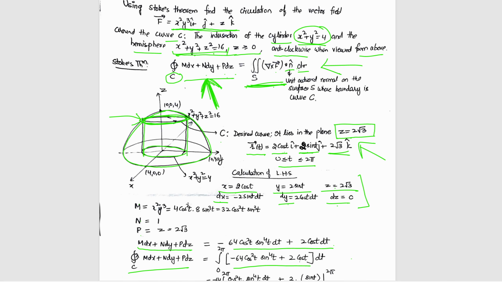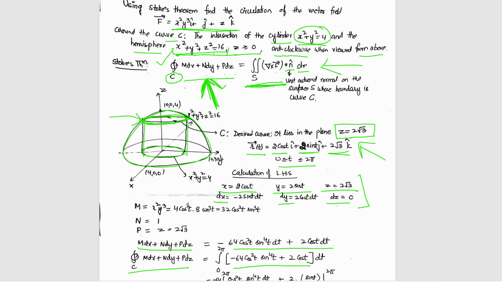This line integral. So this shows us that the circulation of the vector field around the curve C is the same using both the formulas. That means Stokes theorem is correct, and it also gives us two ways to find the circulation of a vector field around the curve C. So if you are asked to find just the circulation of a vector field around a curve, we can use the first formula.